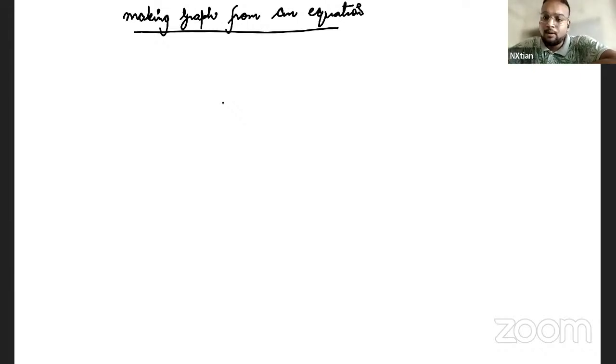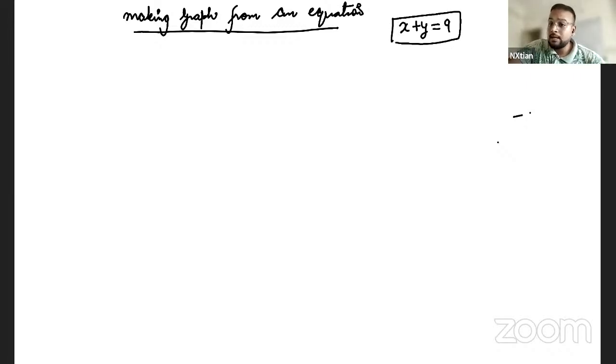That's the main thing. Okay. So for example, the equation x plus y is equal to 9. If this equation is given to you, how will you make a graph of it?